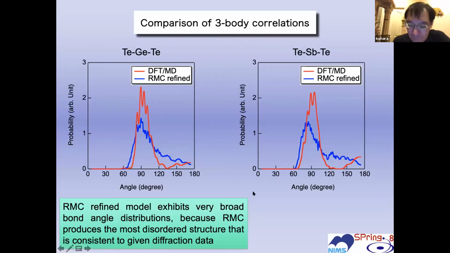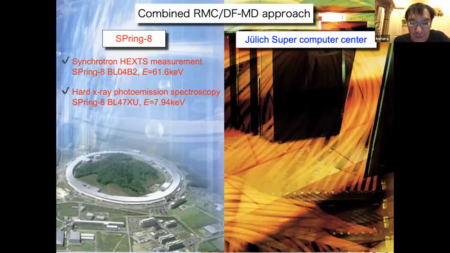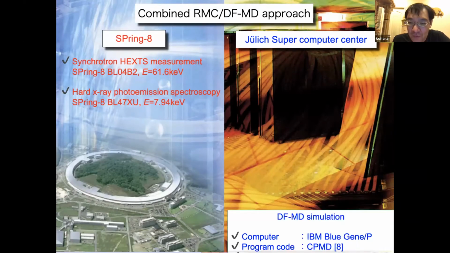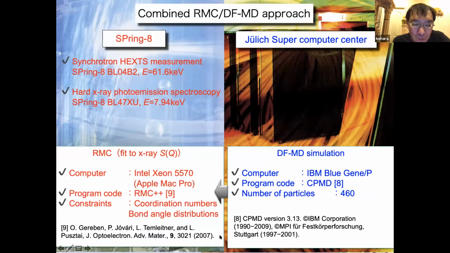correlation. So then we tried to combine the two simulation methods. The approach is very simple. They performed DFMD simulation using a supercomputer, and then we put the configuration into RMC to reproduce the X-ray diffraction data.